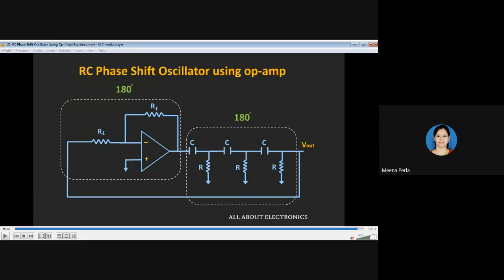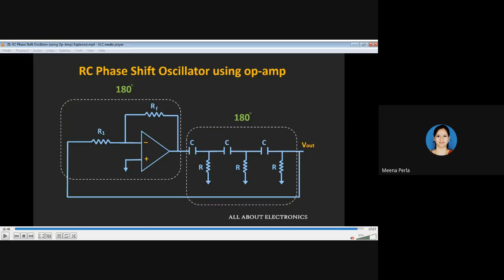So this is all about the RC phase shift oscillator. Right now we will see the design of the RC phase shift oscillator. But the concept, hope it is clear: what is an oscillator, how we have obtained the derivation of RC phase shift oscillator, and how the gain was equal to 1 by 29.